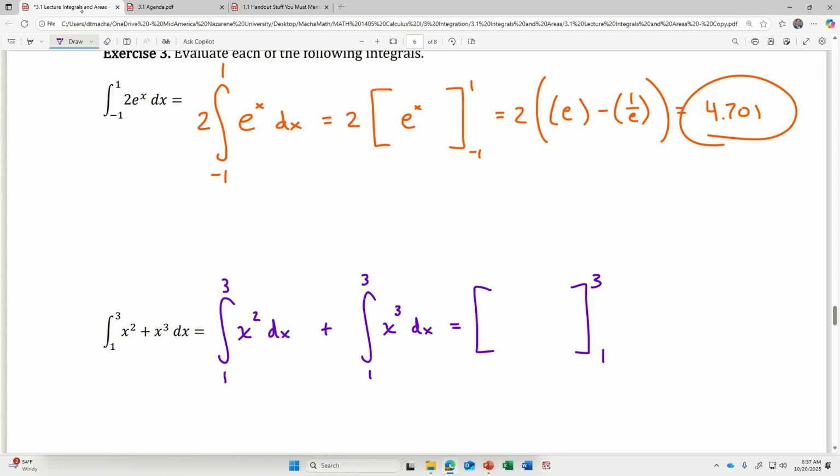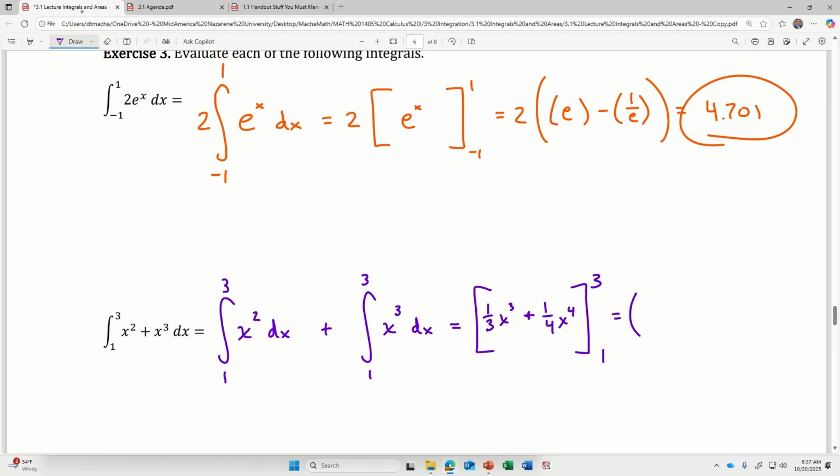So the antiderivative of x squared is 1/3 x cubed. And the antiderivative of x cubed is 1/4 x to the 4th.